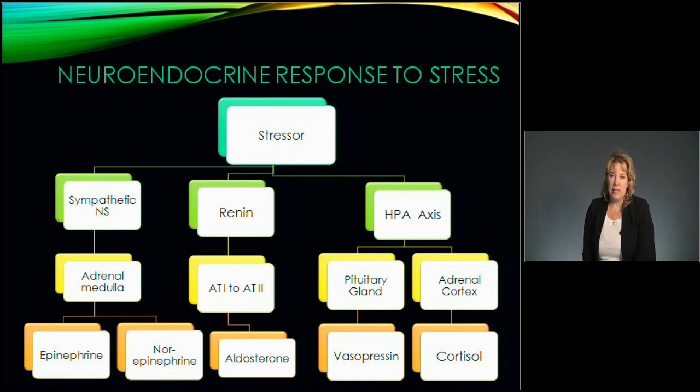The second component then is the renin-angiotensin-aldosterone cycle, and we'll talk about that next. And then the hypothalamic pituitary adrenal axis, where the pituitary gland increases the production of antidiuretic hormone, which helps us hold on to fluid. The kidneys hold on to more fluid, increasing our preload and volume. And the adrenal cortex will release cortisol, and cortisol is very important in maintaining our myocardial contractility as well as our vascular tone.